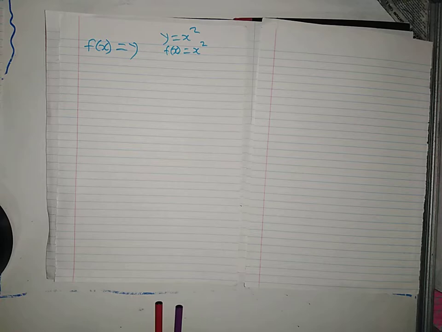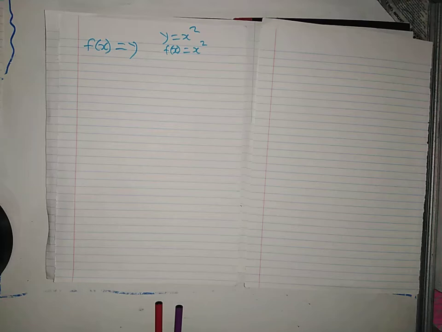Now, increase. Where do we say a function is increasing, and where do we say a function is decreasing? That could be seen, for example, if you have a graph of that particular function, because in most cases when you do this kind of function, you already have a graph.